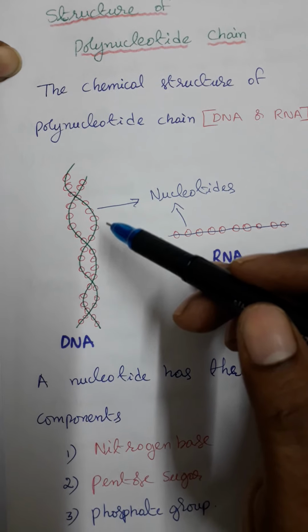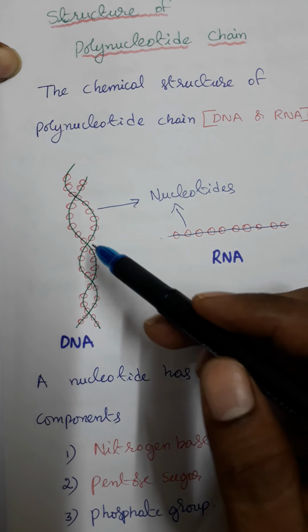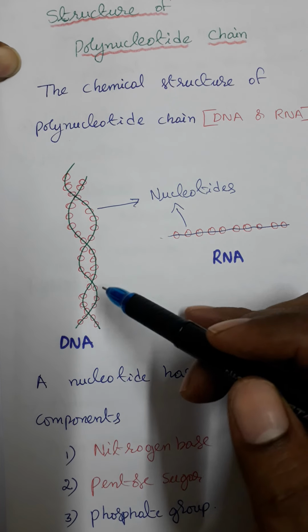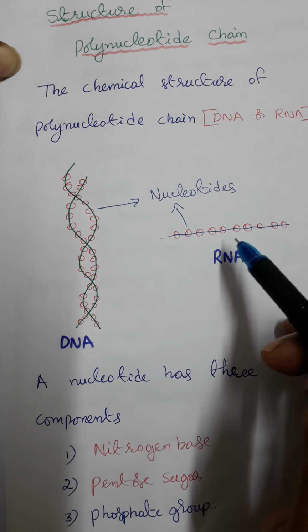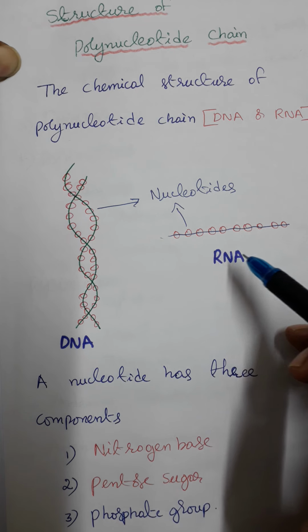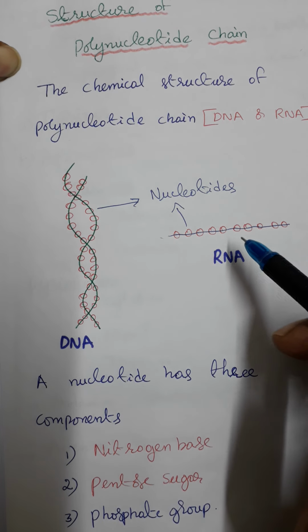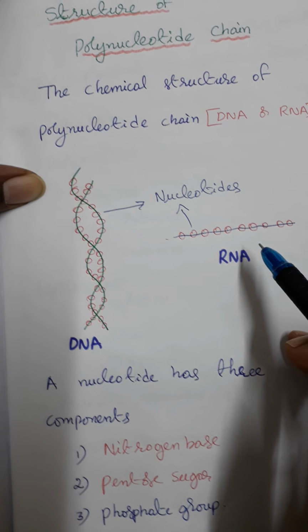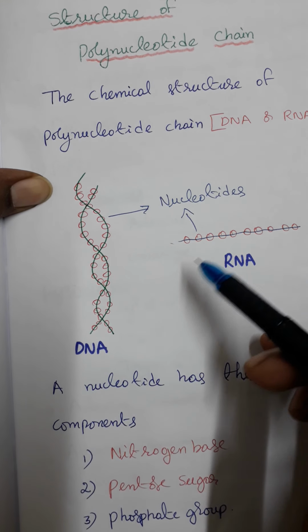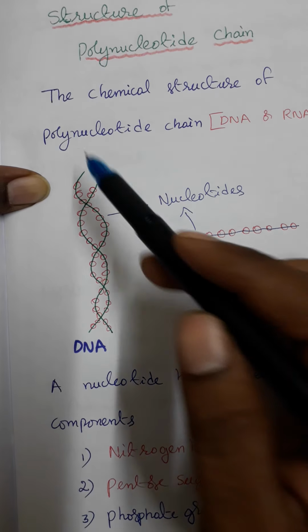This is a diagrammatic representation of DNA. Two strands are present. They are arranged in a helical manner. And this right side diagrammatic representation is the RNA, ribonucleic acid. Here the nucleic acids consist of polynucleotide chains. Poly means many.